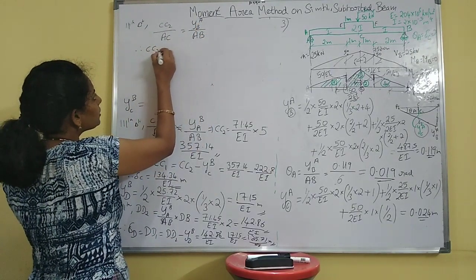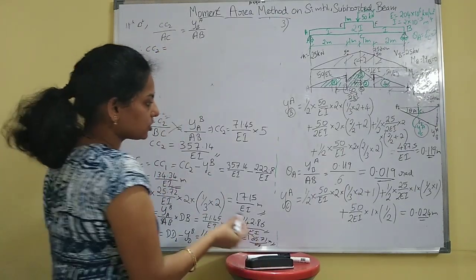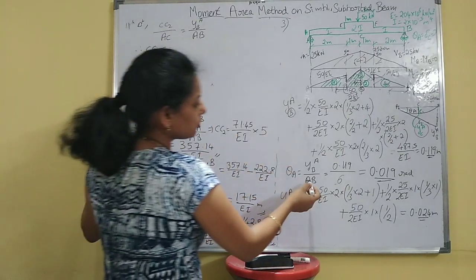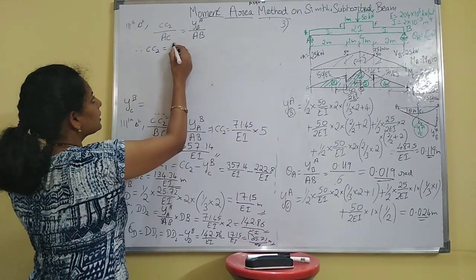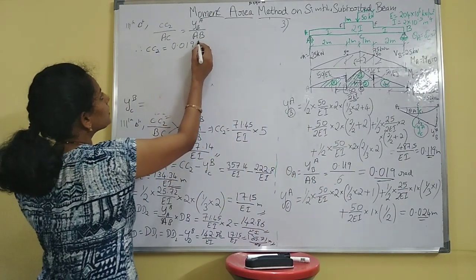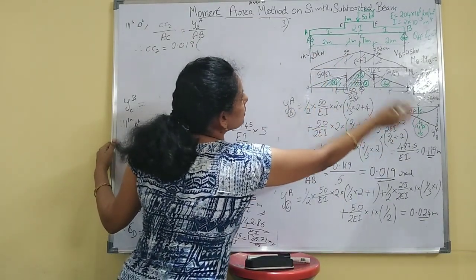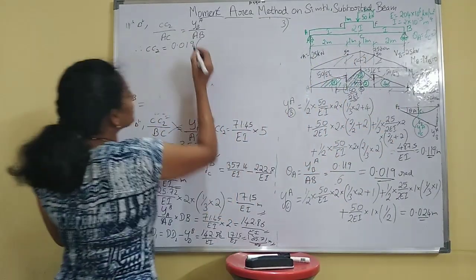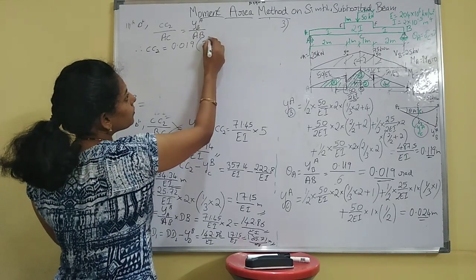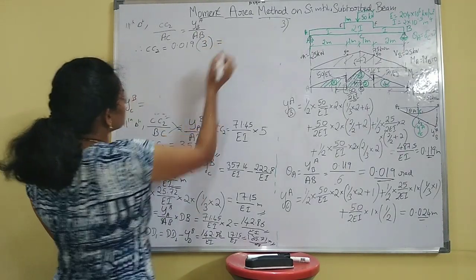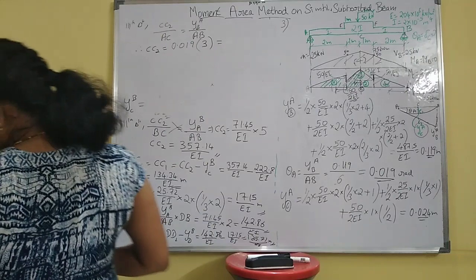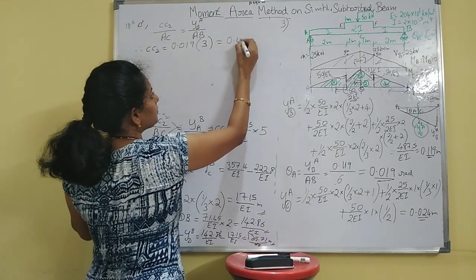Therefore CC2 is, substituting YBA by AB, which is theta A, directly 0.019 into the AC distance, A to C, that is 3 meter. Substituting, you get CC2 as 0.059 meter.